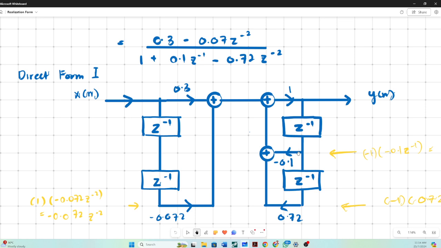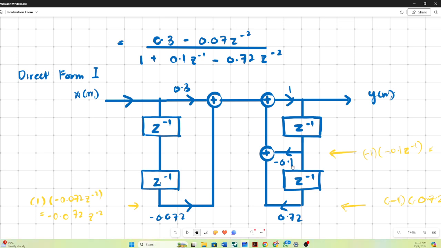Because the direction is opposite to the normal direction, going to the left side, we need to put minus 0.1.